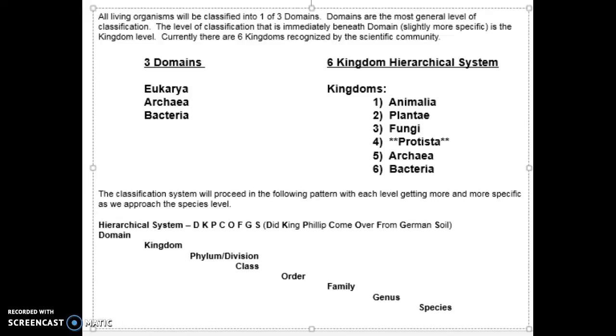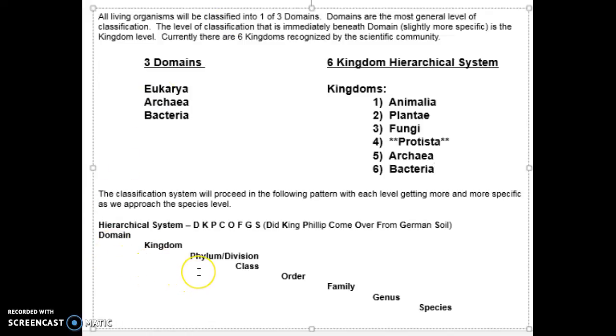Again, as we go into the different lectures, we'll talk about the unicellular organisms in the ocean. We'll talk about the animals with backbones, animals without backbones. That's where we're going to get into the details of why it goes into this kingdom or this phylum or this class or this order, etc. So get comfortable with that hierarchical system at the bottom here: the domain, kingdom, phylum, etc. Make sure you're comfortable with how that works.